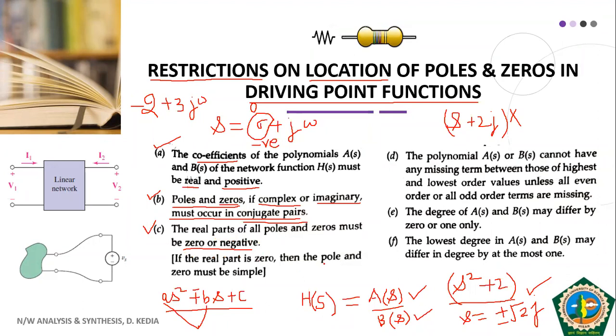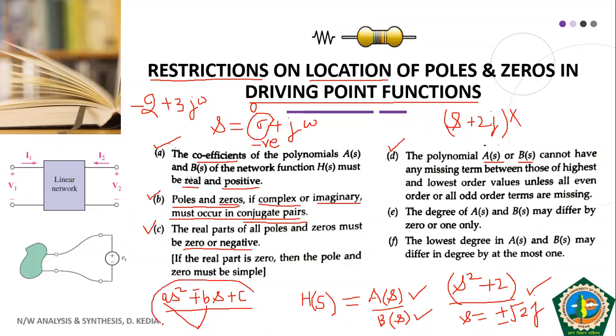Okay. So next is condition number 4. For condition number 4, the polynomials in A(s) and B(s) cannot have a missing term between those of highest and lowest order values unless all even order or all odd order terms are missing. What does it mean?